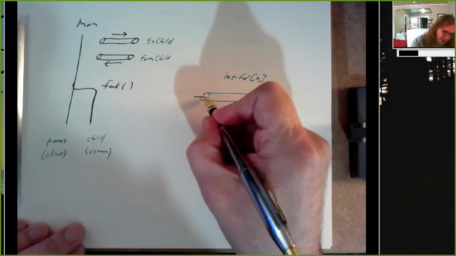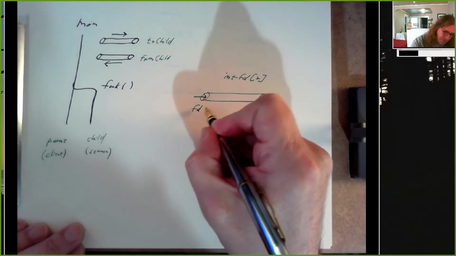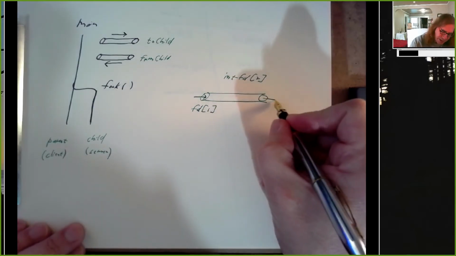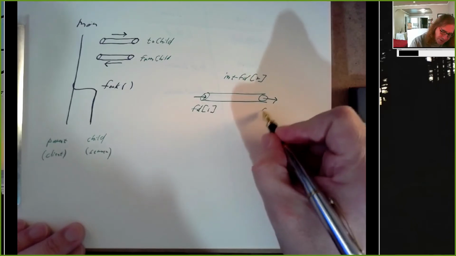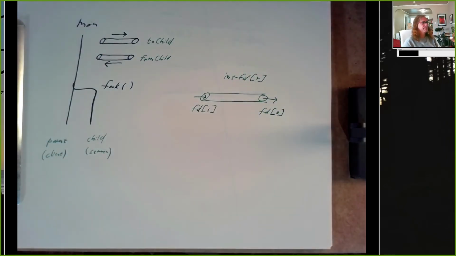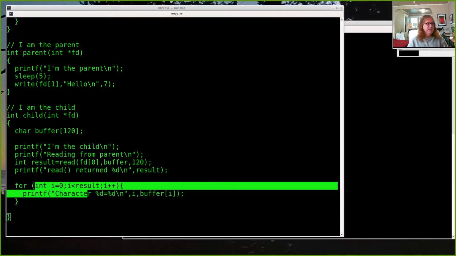In particular, the end that you write into is element 1 of your array, and the end that you read from, that file descriptor, is element 0 of your array. All right, and this is going to be important to keep track of. So let's write some code.